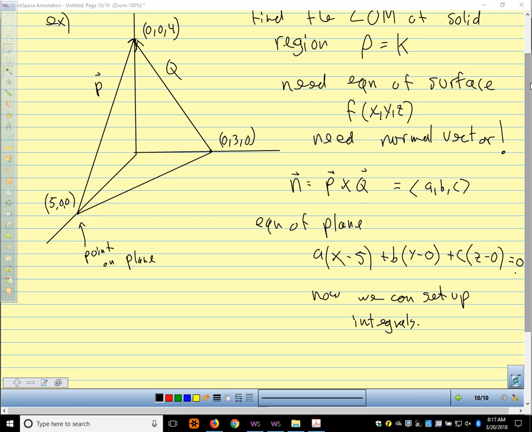So if we have some information about a plane, we can always come up with an equation of the plane by finding our normal vector. So that stuff with normal vectors and equations of planes doesn't go away. In chapter 15, which comes soon, all of that stuff comes back very strongly. Gradient, normal vectors, tangent lines, all that stuff.